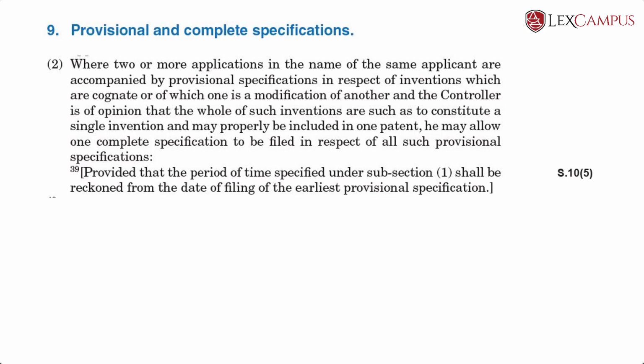So, if an aspect of the invention was disclosed on January 1st by a provisional specification, then that disclosure, when it becomes a claim, and soon we will mention in detail the difference between claiming and a disclosure, that claim in the complete specification will get the priority from the January 1st provisional specification.